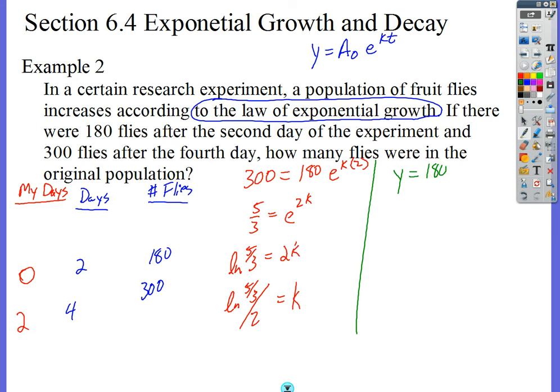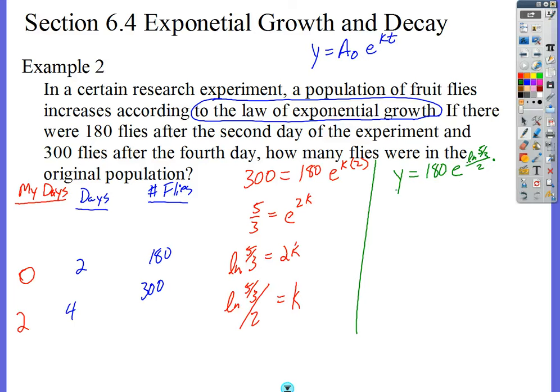I know this is now 180, and I know k is natural log of 5/3 all over 2 times some time, your days. Well, in our last example, we knew what y was, and we had to find the days. Now they're telling us to go find out what my amount of flies were, but I need to know what days are. But they don't tell me that either.